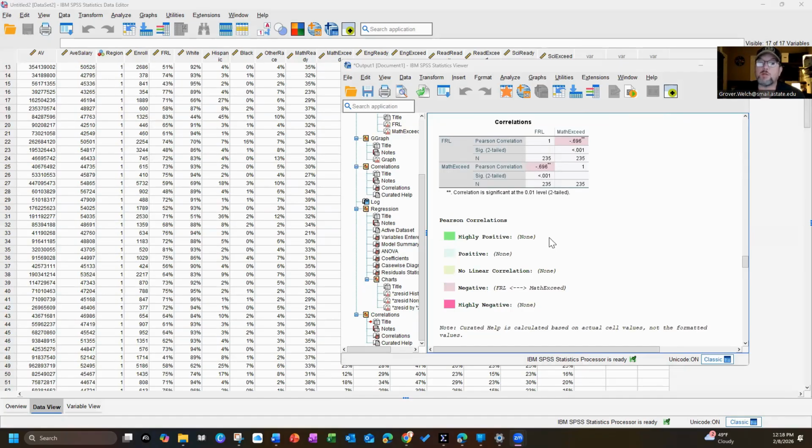This relationship is not only statistically significant but also practically meaningful, accounting for approximately 48% of the variance in math achievement across the 235 school districts in our data set. So yes, the correlation strength is strong. Practically, this means that as poverty increases in a district, math scores tend to decrease substantially. This suggests that funding is necessary for these districts.